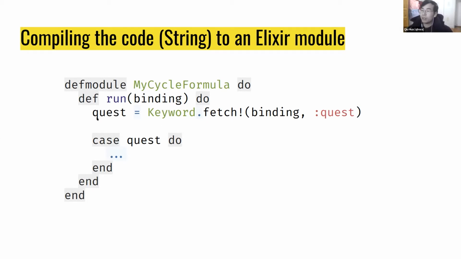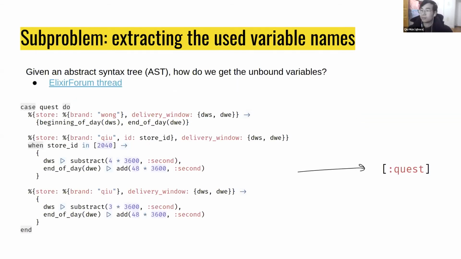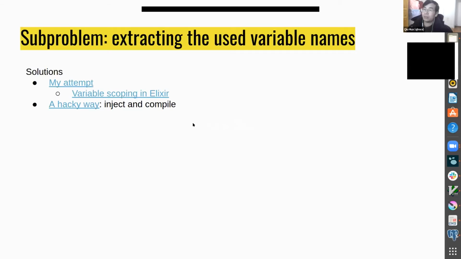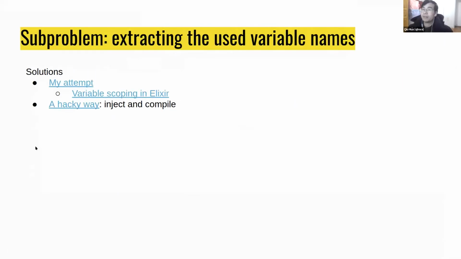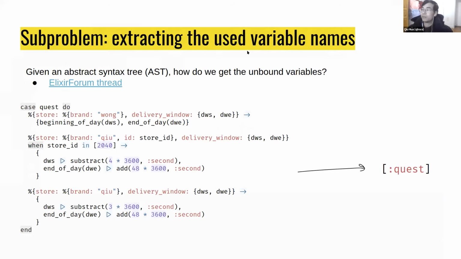I don't want the user to declare the variables like JavaScript. I think there must be a way to extract the variables given the AST. So here we can automatically inject those Keyword.fetch. So here we have a sub problem: extracting the used variables given a piece of code.